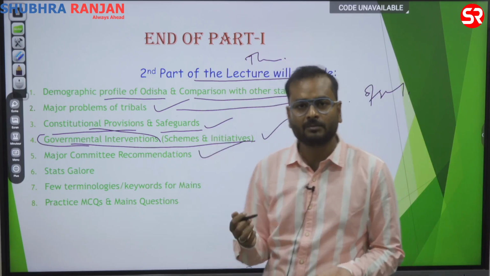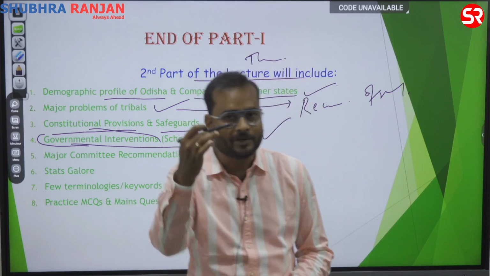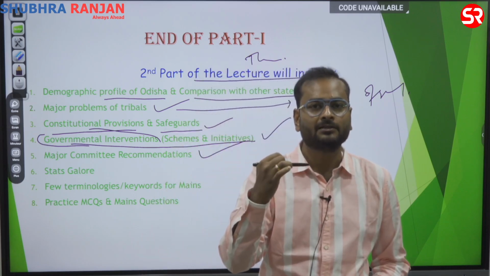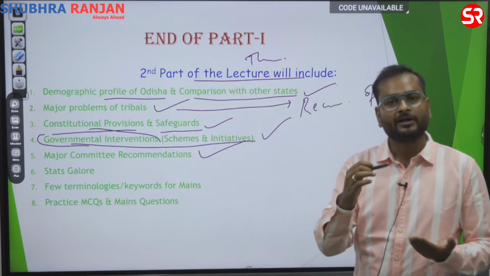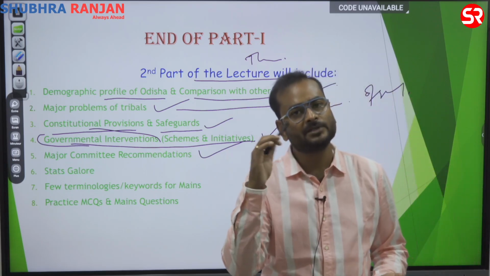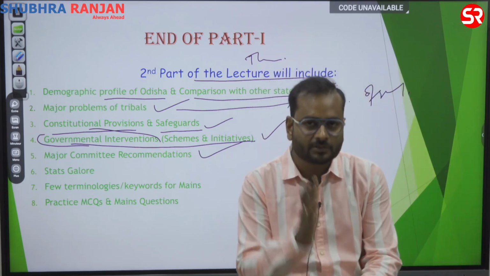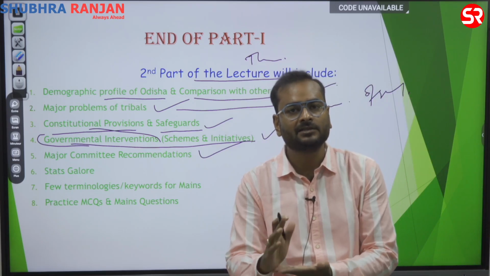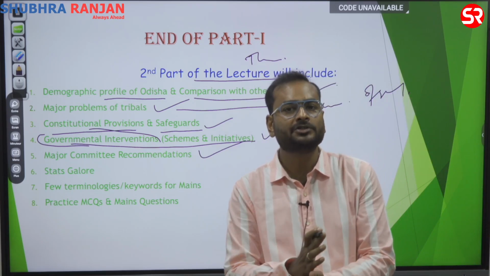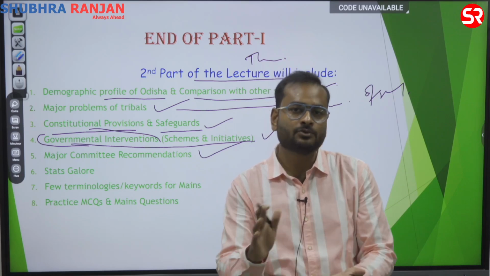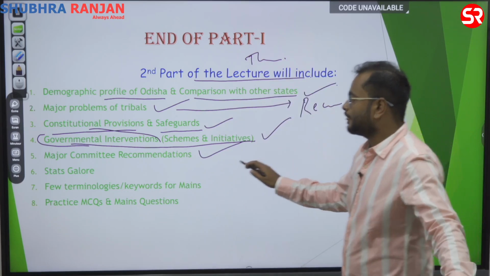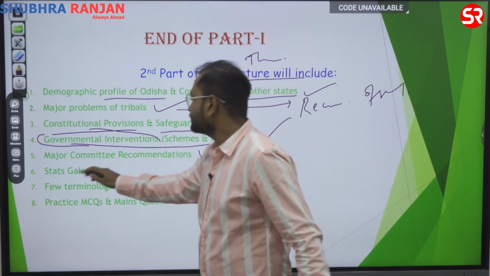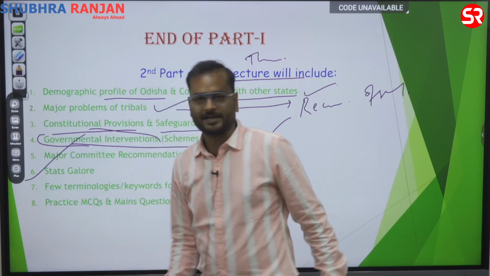Next, what are the major committee recommendations? I will not put up all the recommendations of a particular committee in one place, but I'll put them on the basis of various themes like education, health, literacy, nutrition. All these things we'll be keeping separately. Then we'll look at certain stats.